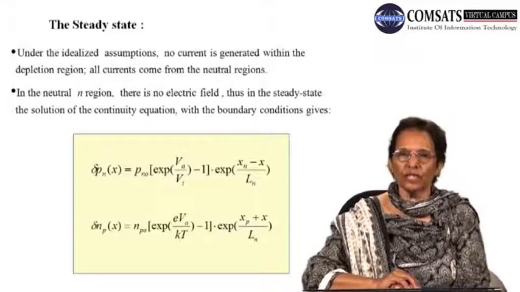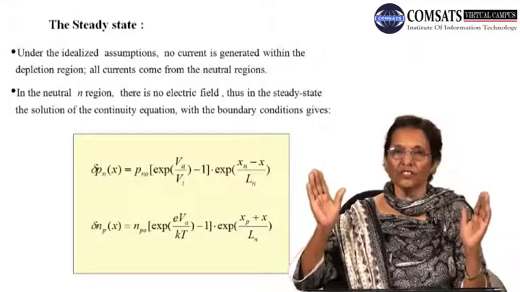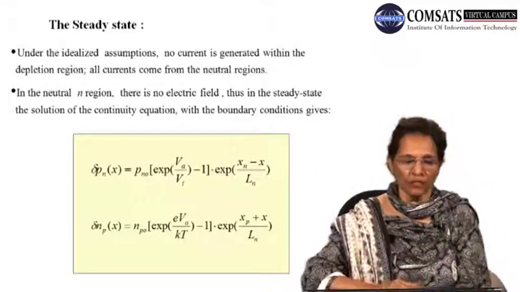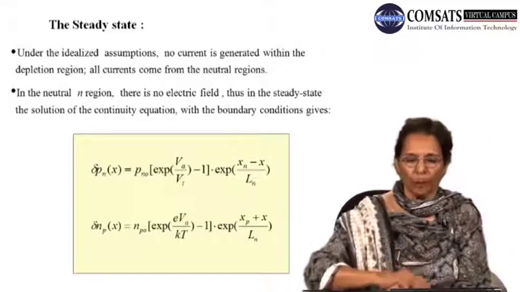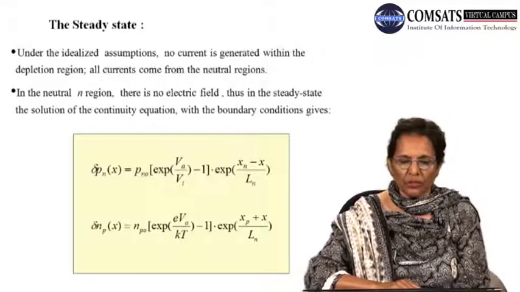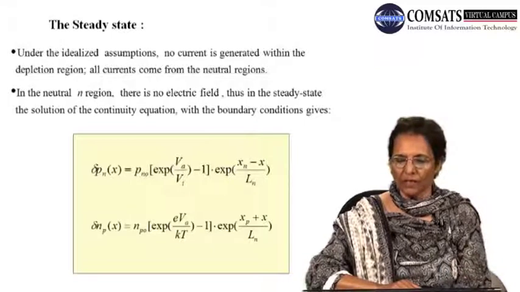So the motion of charge carriers takes place from the P region and from the N region, and not within the depletion region. They just cross the depletion region. So no current is generated within the depletion region. All currents come from the neutral regions. Similarly, in the neutral N region, there is no electric field.